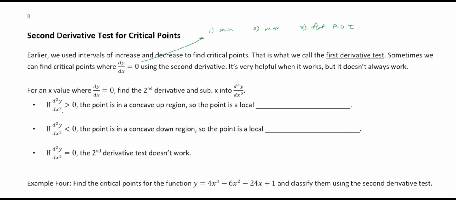If the second derivative is positive, then the point is in a concave up region, and since the first derivative is 0, that makes this a minimum. If the second derivative is negative, then the point is in a concave down region, but the first derivative is 0, so that makes this a maximum. If the second derivative is equal to 0, then the second derivative test doesn't work.